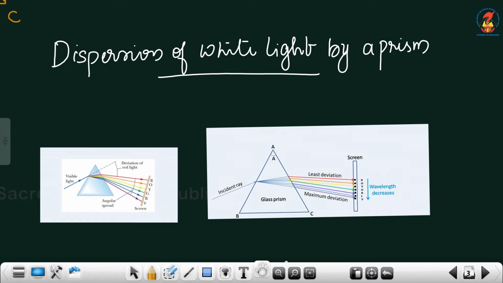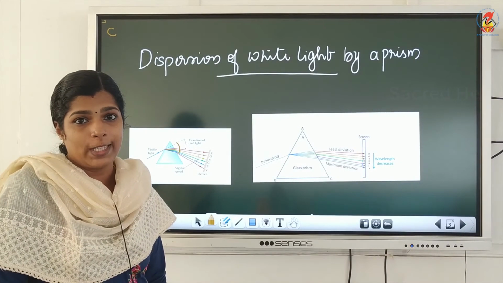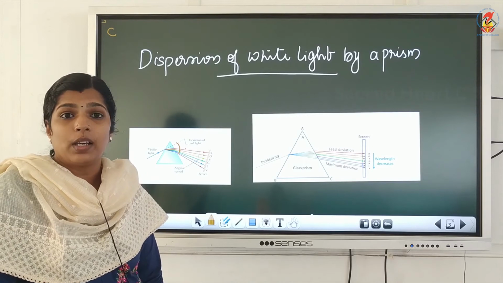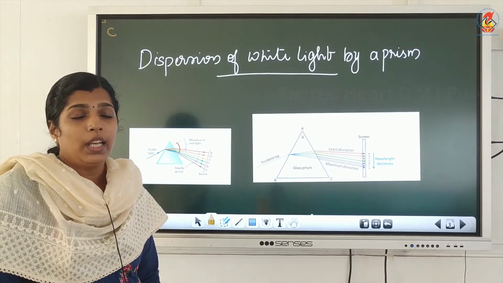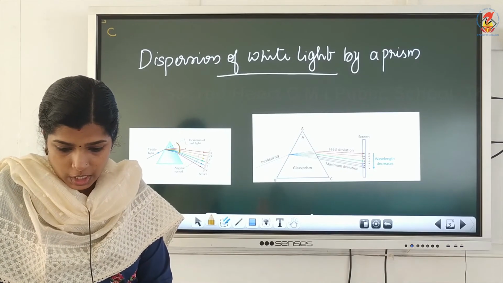This is the dispersion of white light through a triangular glass prism. This is the deviation for the red light, and this is the deviation for the violet color. So, different colors bend at different angles with respect to the incident ray as they pass through a prism. That is the reason for the dispersion of white light.